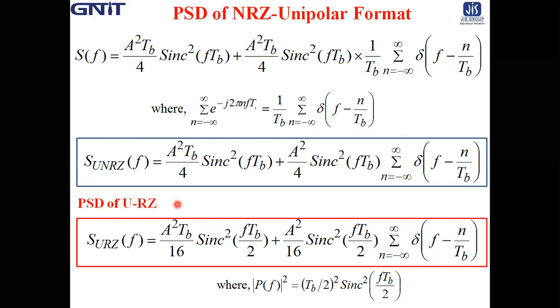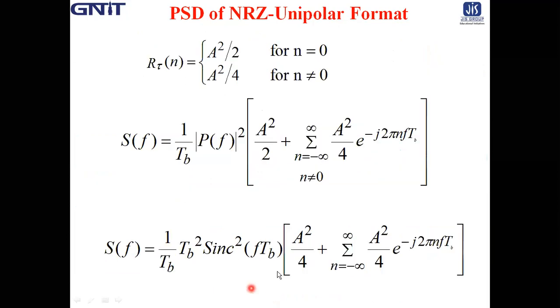So the only difference is in P(f). In |P(f)|², instead of TB it now becomes TB/2, only for the calculation of P(f). But remember that the e^ term's TB does not become TB/2, as it comes from the Fourier transform. So the only difference is this TB/2 and this sinc pulse with TB/2.